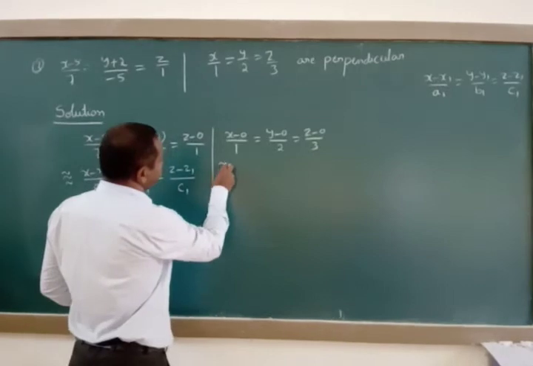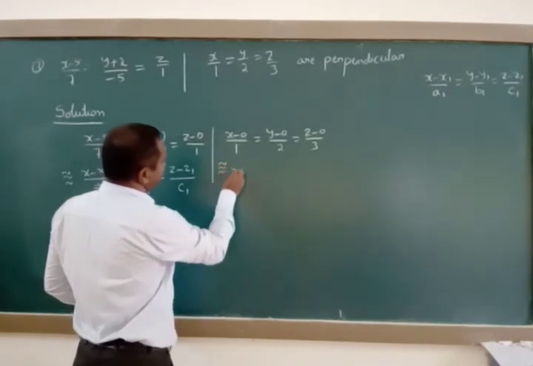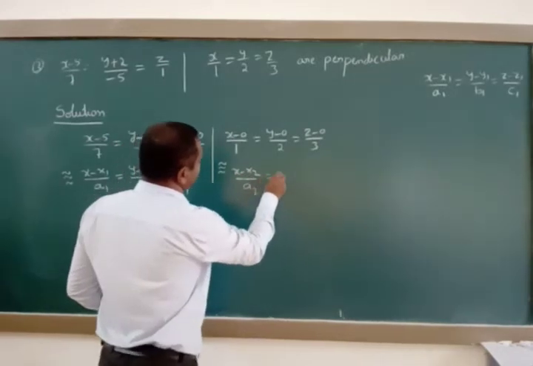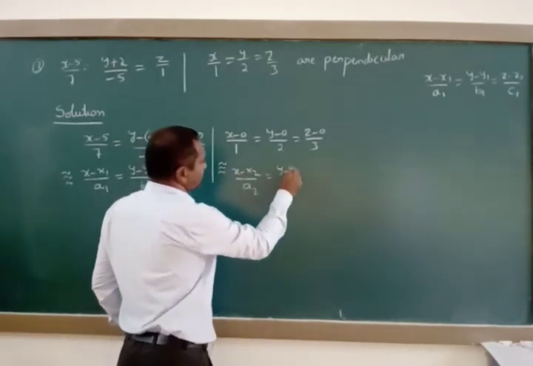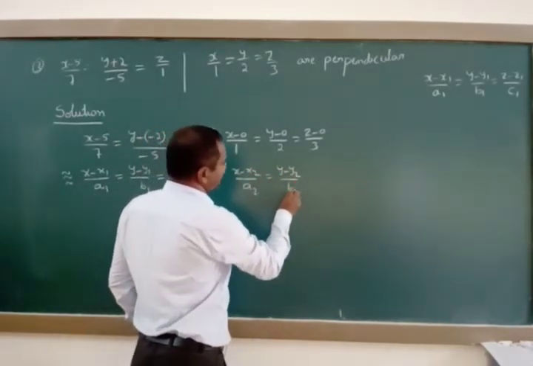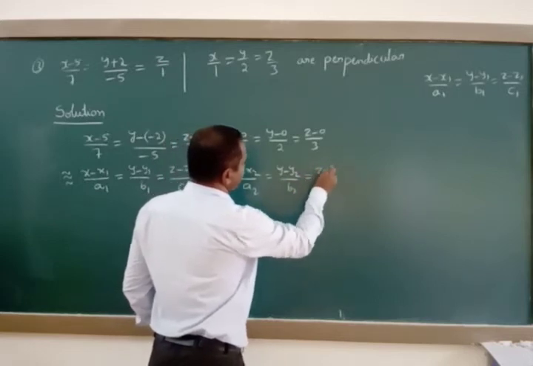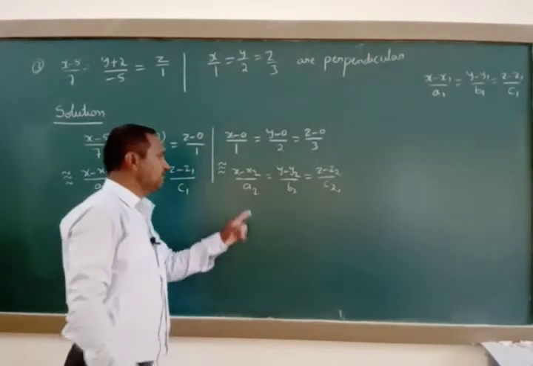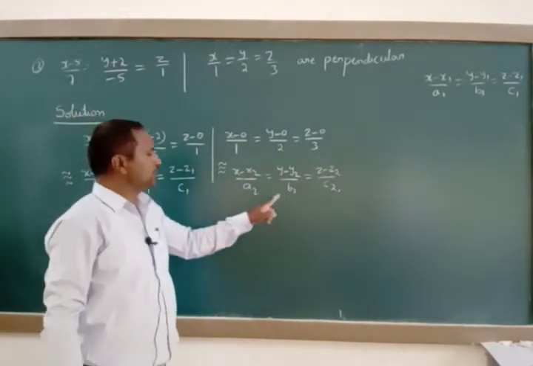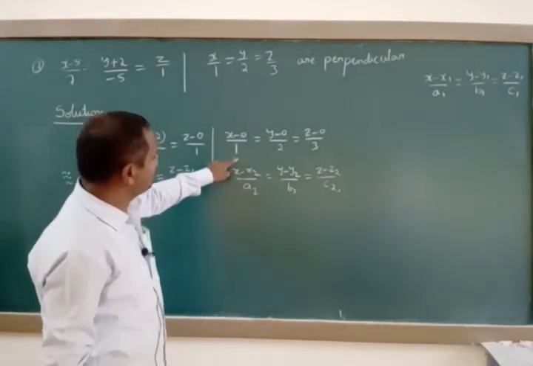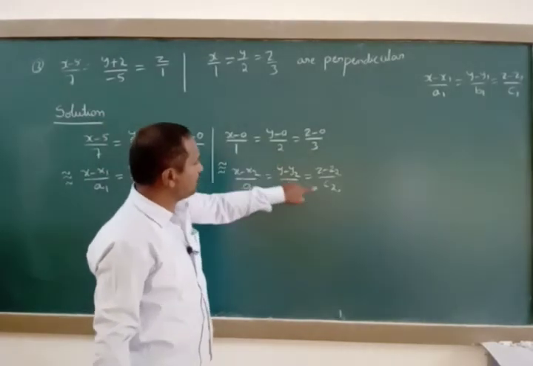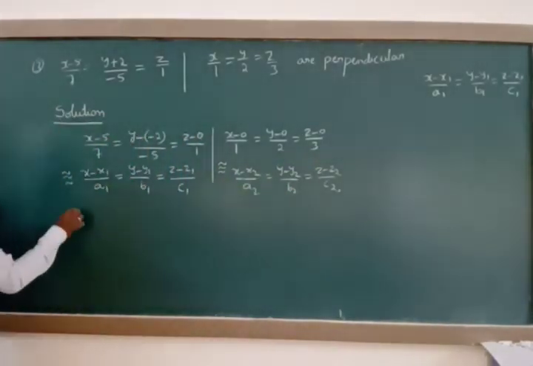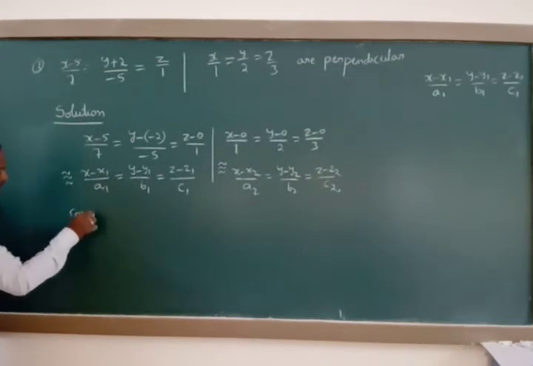Comparing the second line with the standard form, (x minus x2) by a2, (y minus y2) by b2, (z minus z2) by c2, we get a2 is equal to 1, b2 is equal to 2, and c2 is equal to 3. Now we consider the condition for two perpendicular lines.